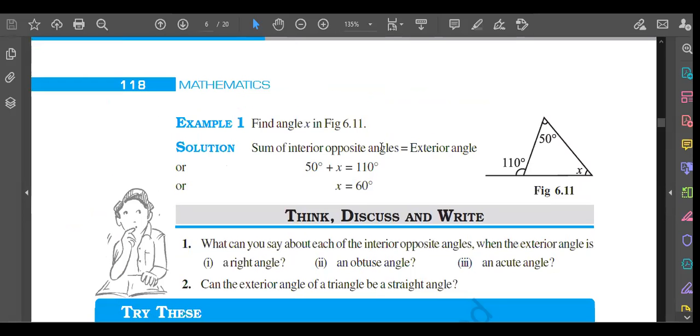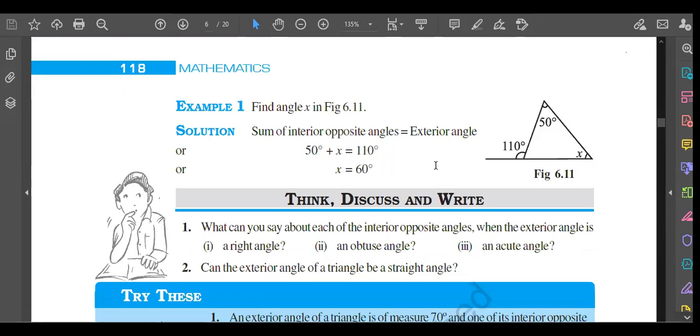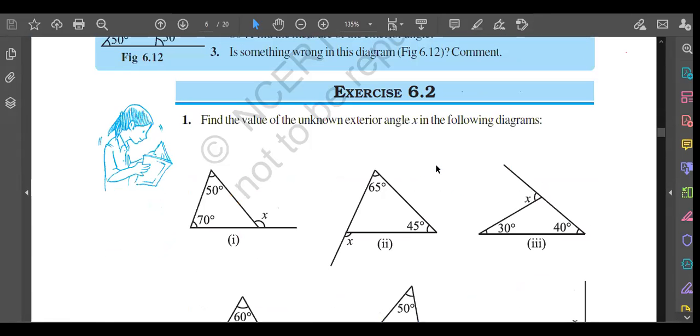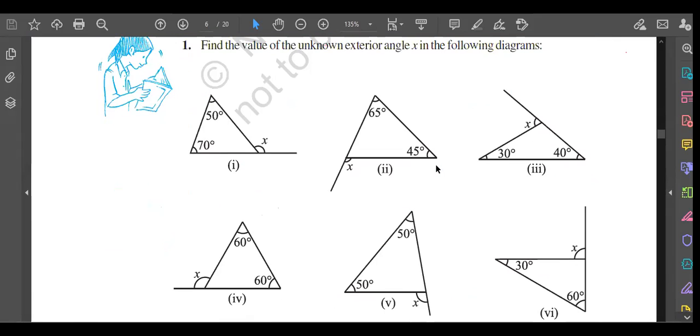So see, this was a very easy problem that we have already solved in the last chapter, right? Tell me, what is the answer of question number 1? Yes, supplementary angles are a linear pair, Ragini. Answer is 120 degrees. 70 plus 50, 120, right? Very good.